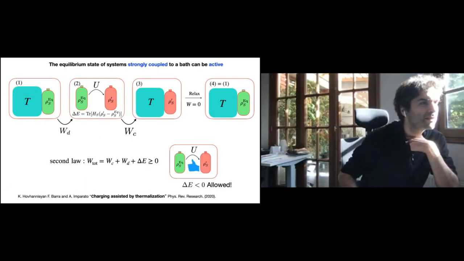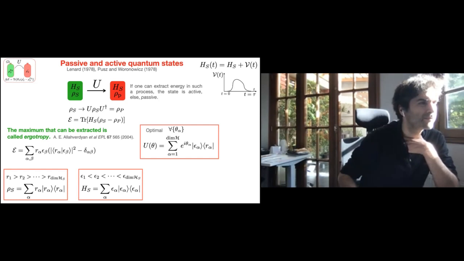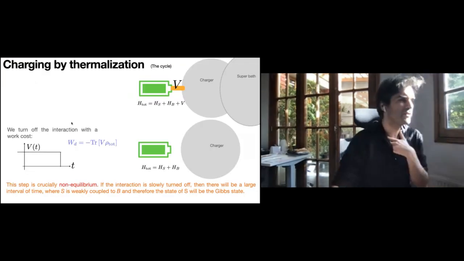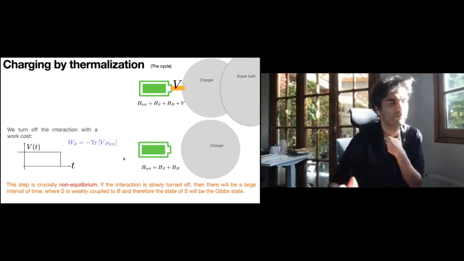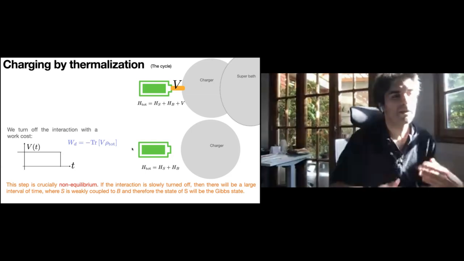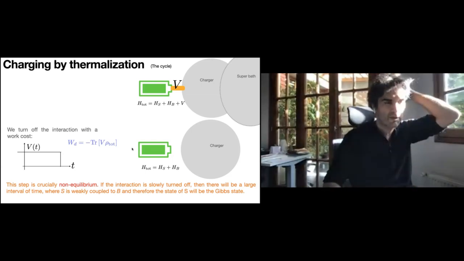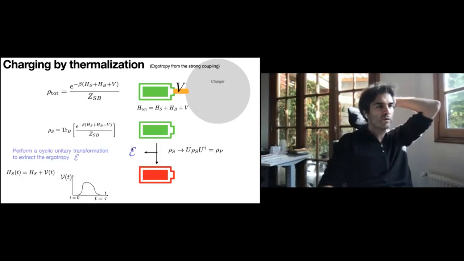For disconnecting, we just turn off the interaction, and for connecting, we turn it on. These are two global operations, because we have to act on the system and charger. But the other unitary is the one we use to extract the energy from just the battery here.